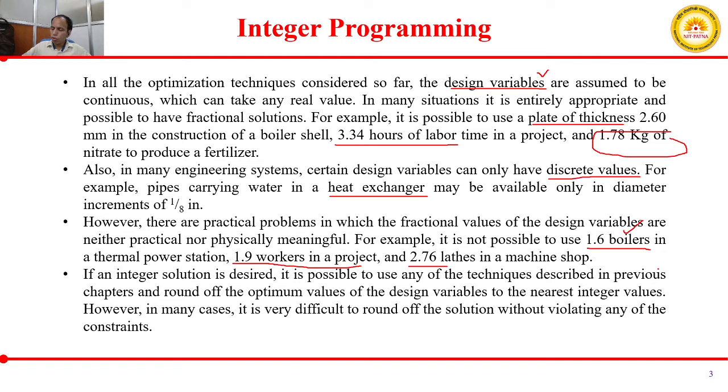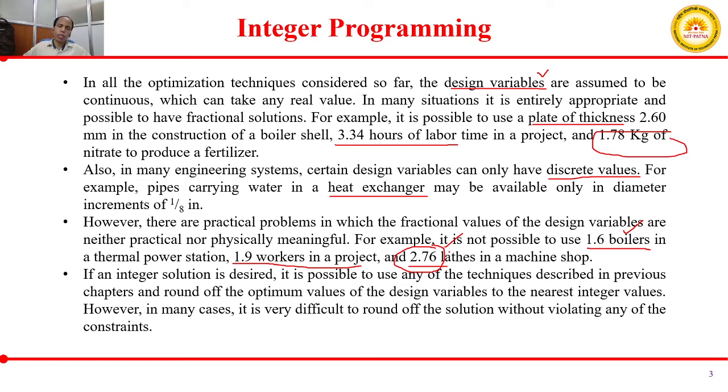Sometimes, suppose you find that only 2.76 lathes are required. In that case, sometimes you may round off the fractional part. You can say there will be a requirement of 3 lathes. If it is 2.16, you can say 2 lathes.